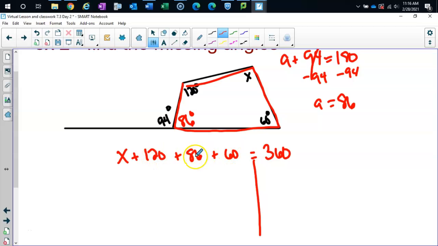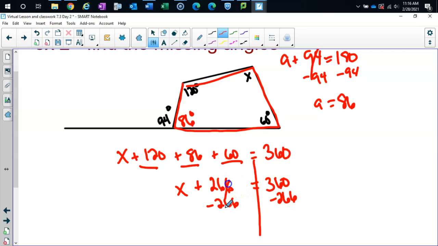I need to see this work on your paper. So add these three together, and you have x plus 266 equals 360. Subtract 266 from both sides, and you end up with x is 94. That's 94. So if you want to check this, add 94 plus 120 plus 86 plus 60, and you get 360.